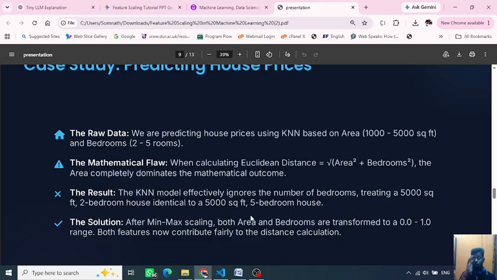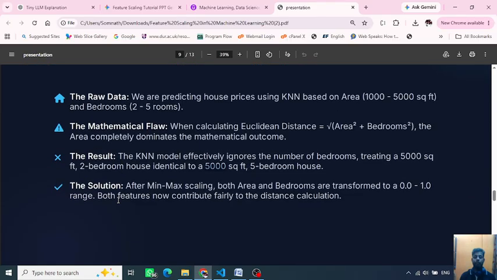If we use data without scaling, it will predict based on the area, not the number of bedrooms. The solution is, after MinMax scaling, both area and bedrooms are transformed into values from 0 to 1. Now all are in the same range, so you can effectively calculate the distance, because all the features contribute fairly.